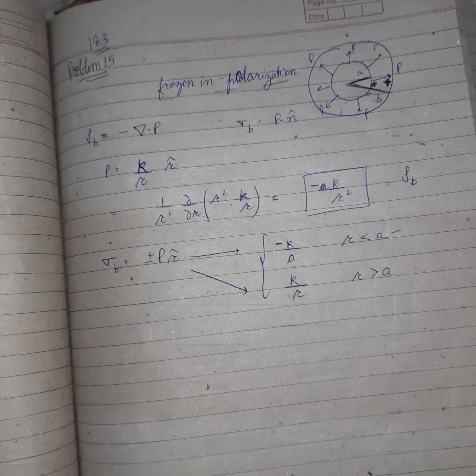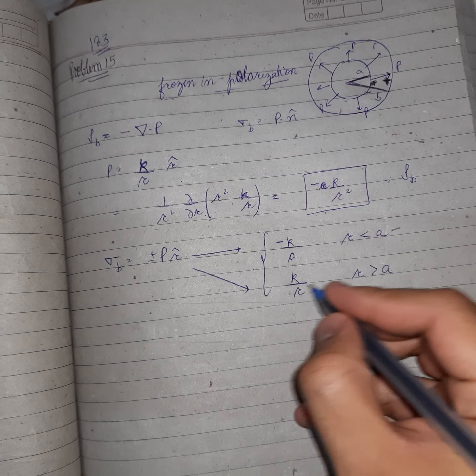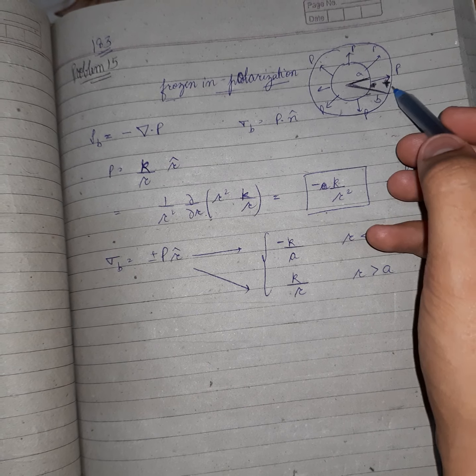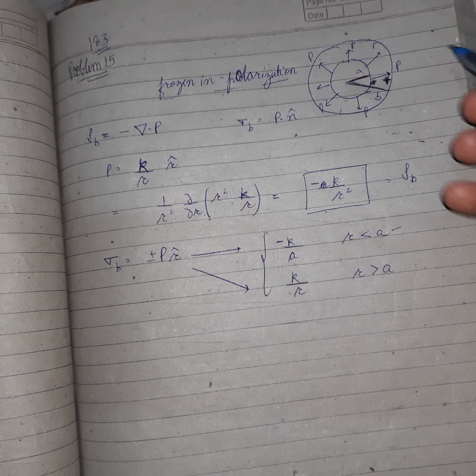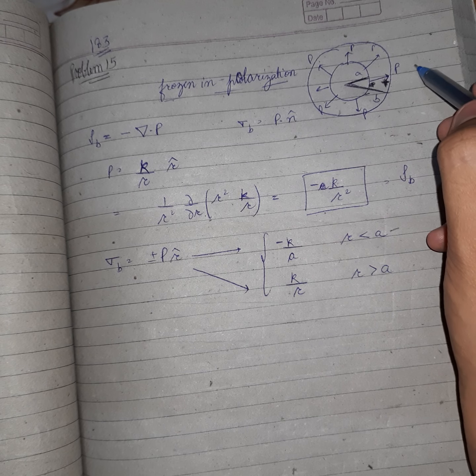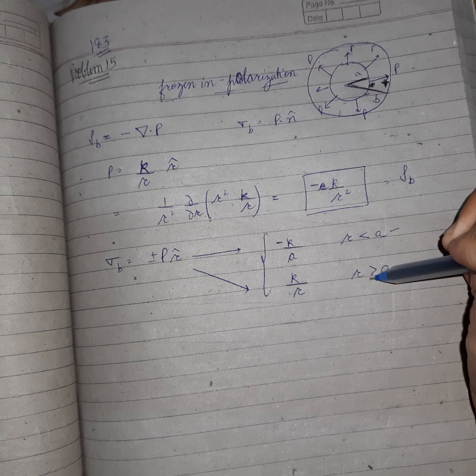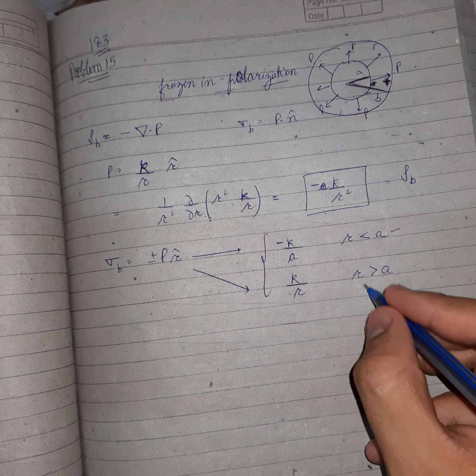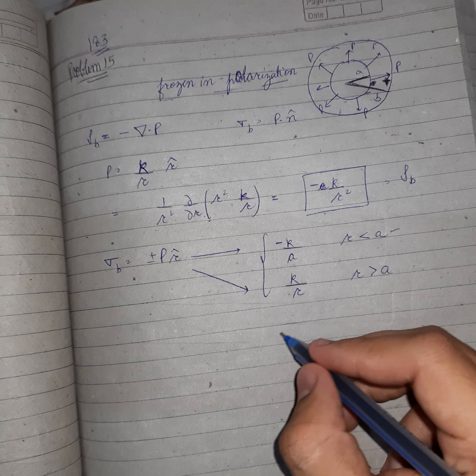So for the area greater than a, if you are talking about the outer area, you can write b here. If r is equal to b, you can write k upon b.